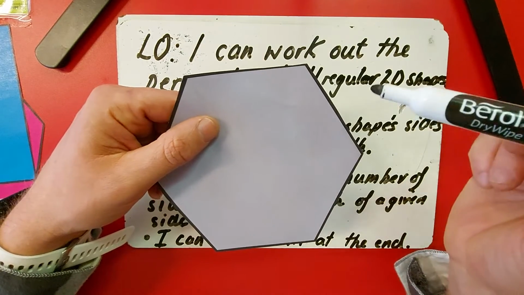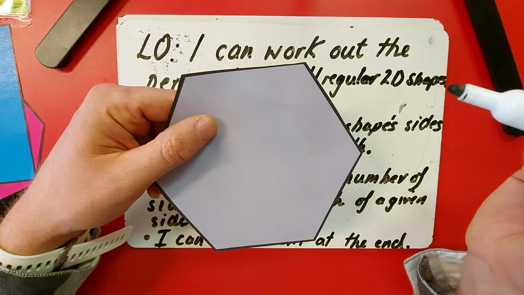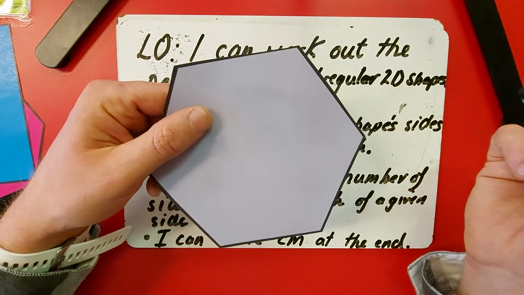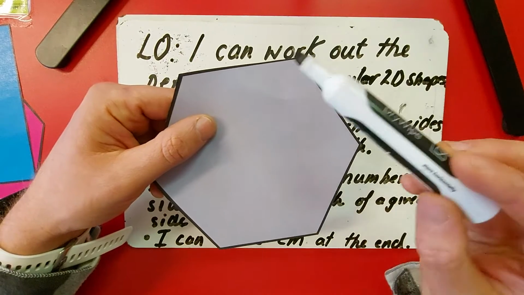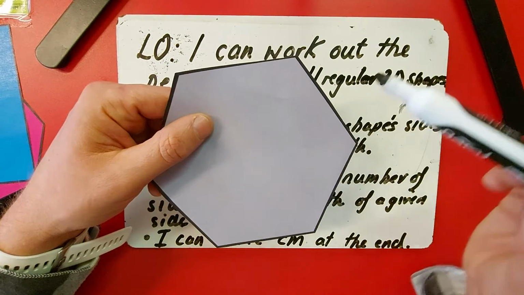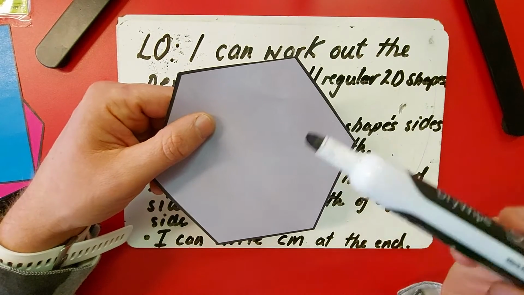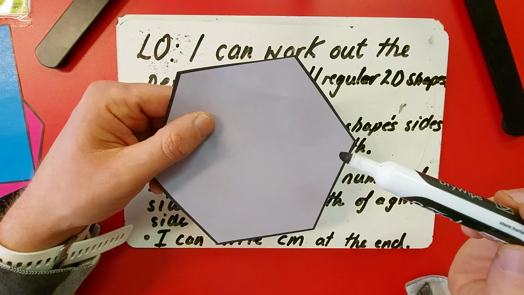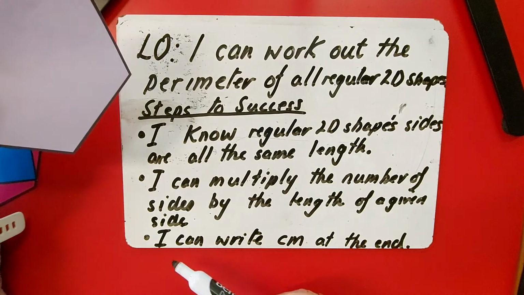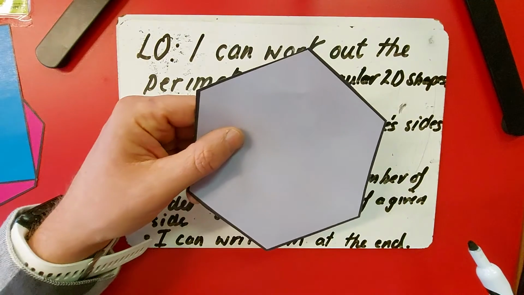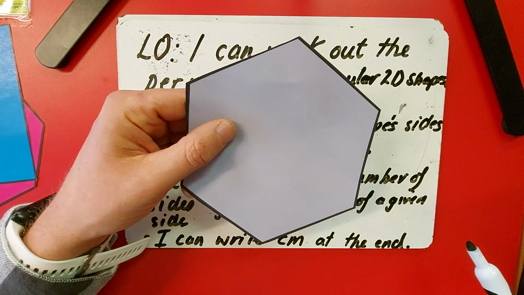Now we could take a long time just doing 4 plus 4 6 times, or we could just use our times table. So I would just be multiplying the number of sides, which is 6, by the length of one side. So that would be 6 times 4 centimeters equals, and then this is the last bit, I can write centimeters at the end. So I hope that makes sense.